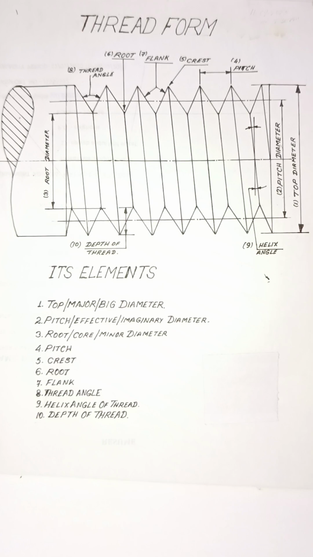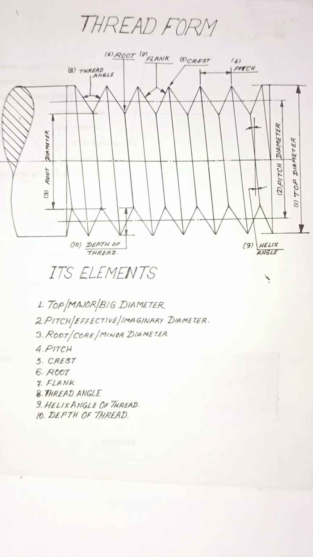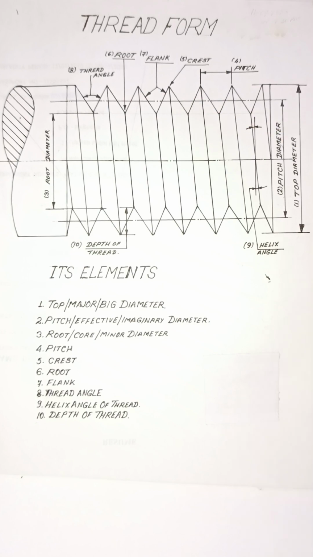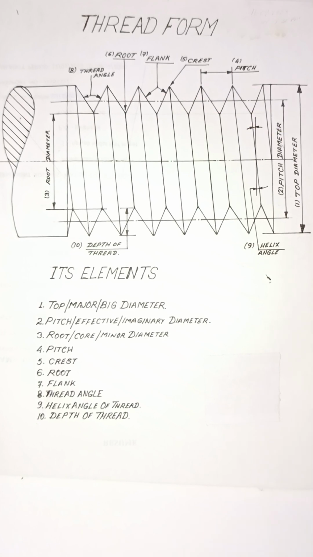If we cut BA thread, then this included angle between two flanks will be 47.5 degree. Then BSW thread, British Standard Whitworth, or British Standard Fine, or British Standard Pipe. For these three threads, this angle is 55 degree.